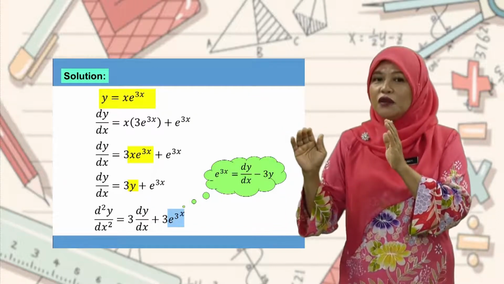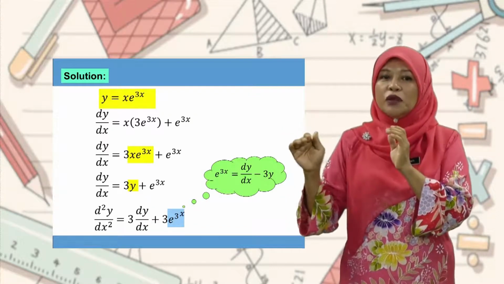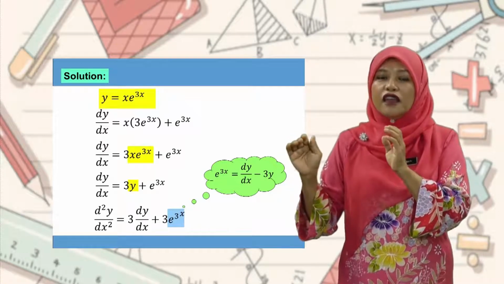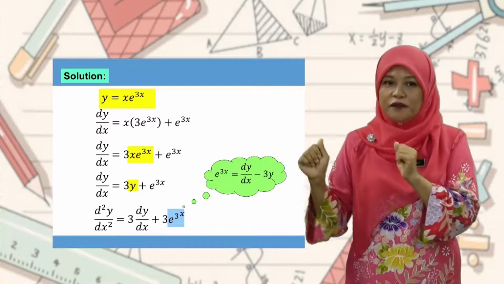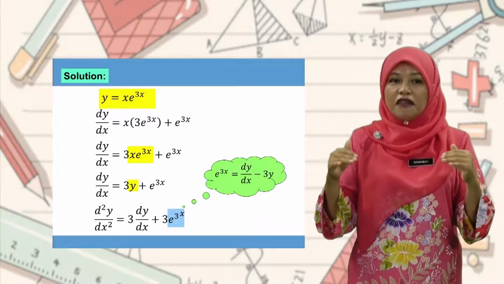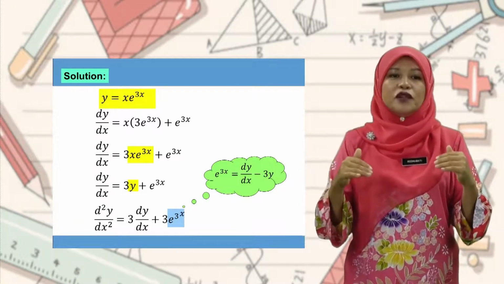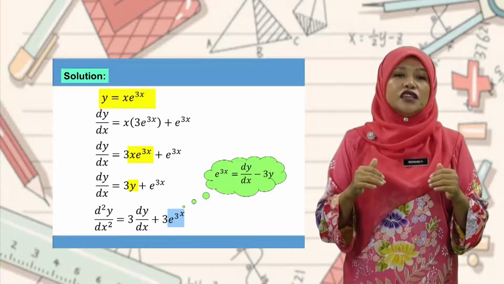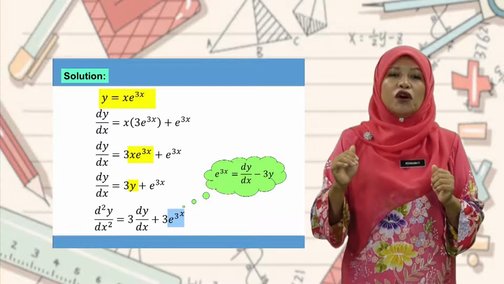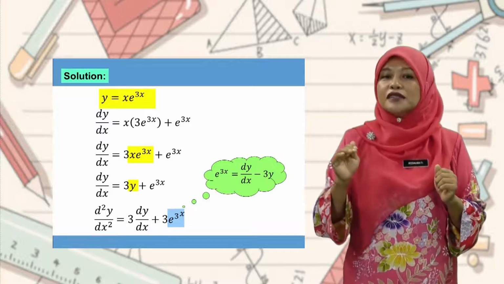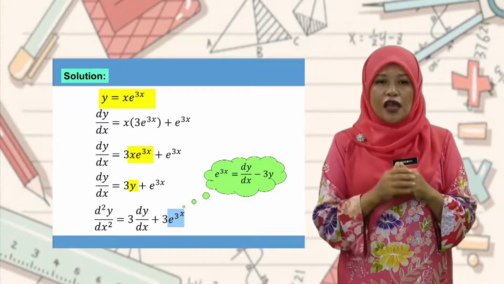So for v, we just copy down e to the power of 3x and multiply with 1, so we do not need to write down the 1. So the line will be dy dx equals 3x multiplied with e to the power of 3x plus e to the power of 3x.